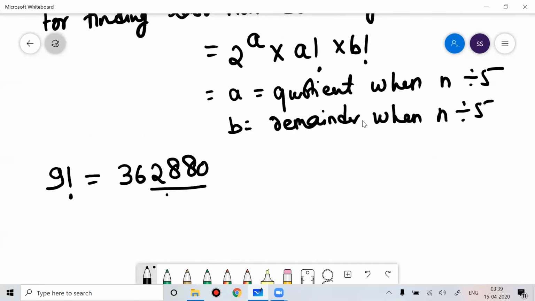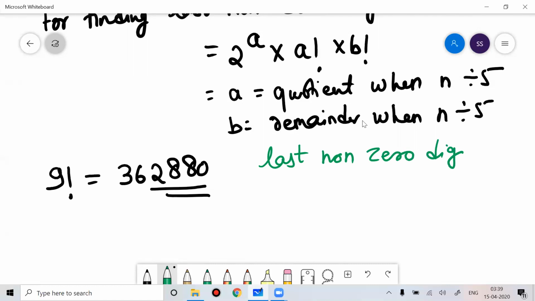Let's prove that the last non-zero digit of 9 factorial is 8. I believe everyone knows how to find how many zeros 9 factorial ends with.